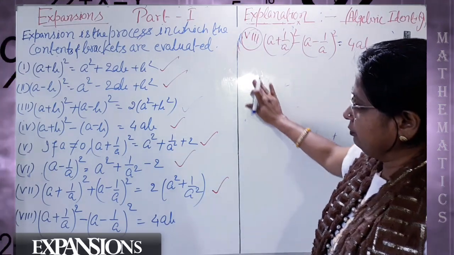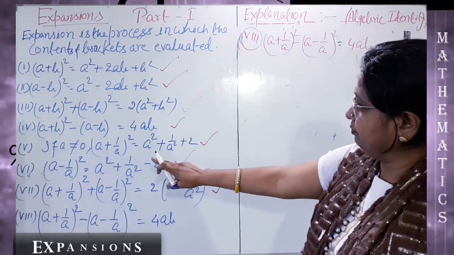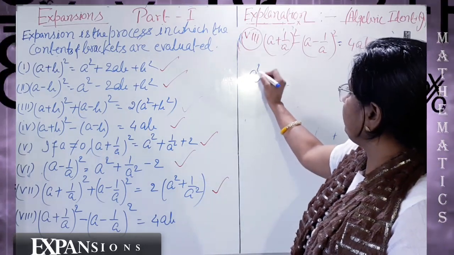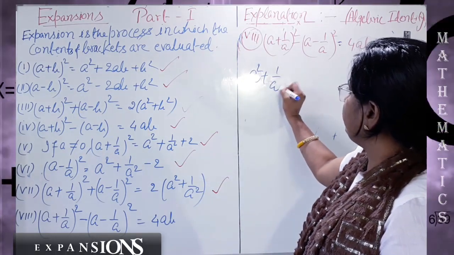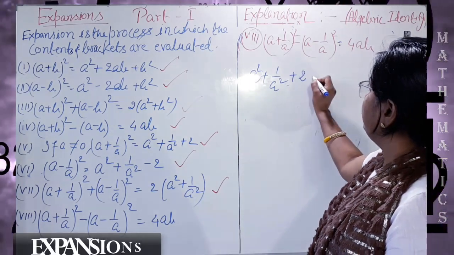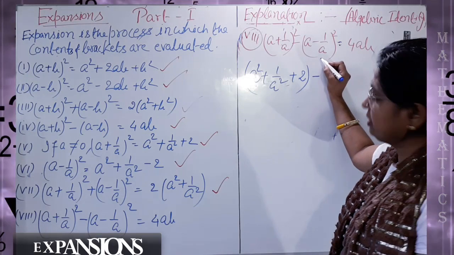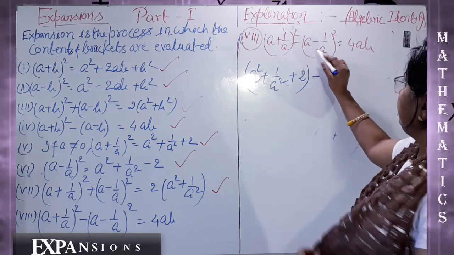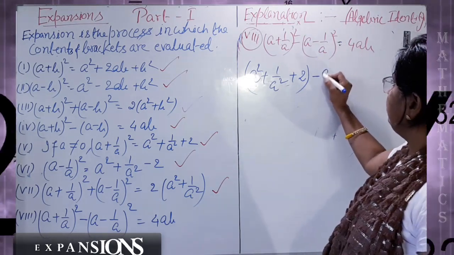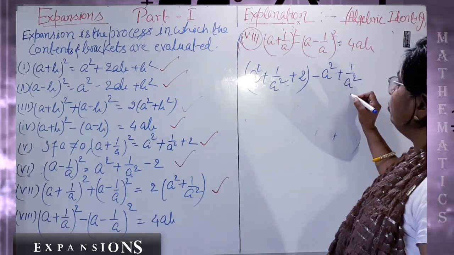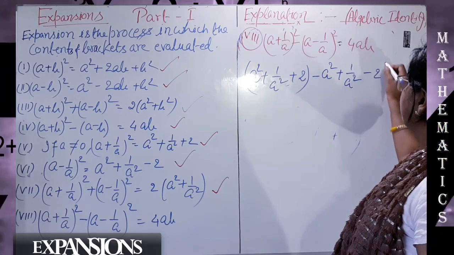First, from the identity fifth number you can take a square plus 1 by a square plus 2. This is from fifth number. And now from sixth number you can take a minus 1 by a whole square: a square plus 1 by a square minus 2.